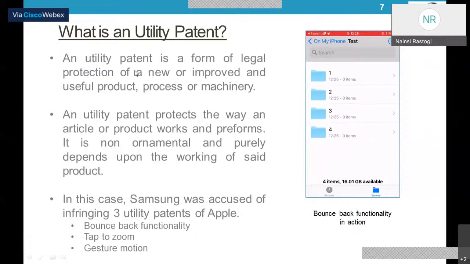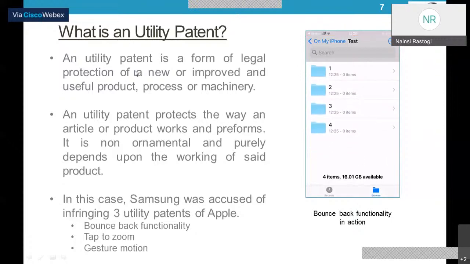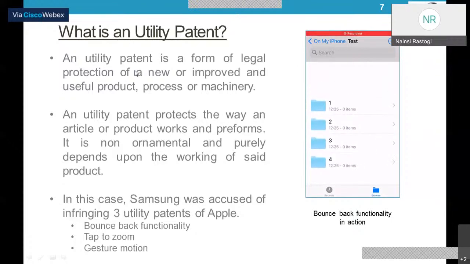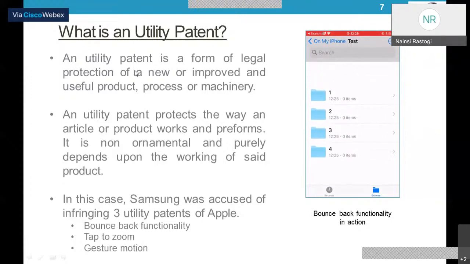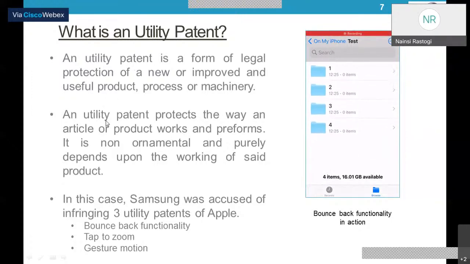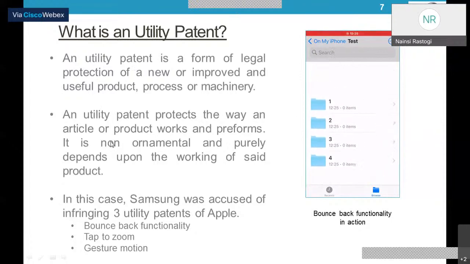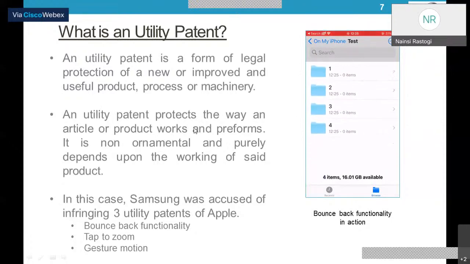So both IP rights have a difference: design patents cover the aesthetic view only, strictly the aesthetic view. A utility patent protects the technicality of the invention, the novelty of the invention. A utility patent protects the way an article or product works and performs.